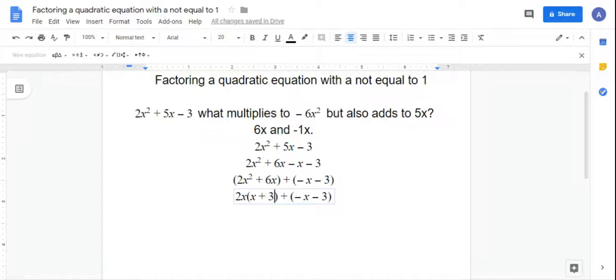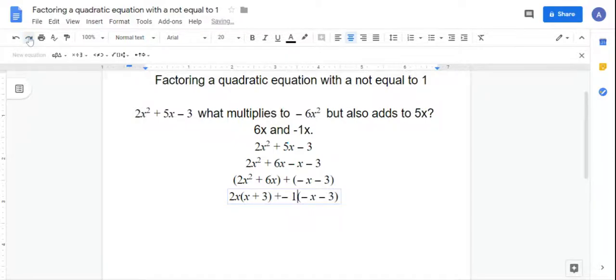I'm going to do the same thing for the next set. The only difference is when the leading term in the second grouping ends up being negative, you always want to make sure that you factor out a negative. Then ask yourself, what value do they have in common? In this case, the only value that x and 3 have in common is 1. So I'm going to factor out a negative 1.